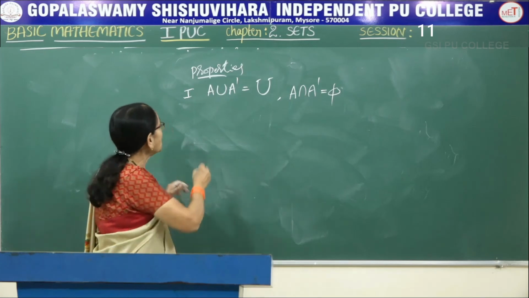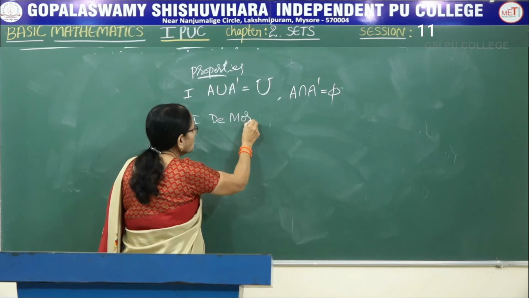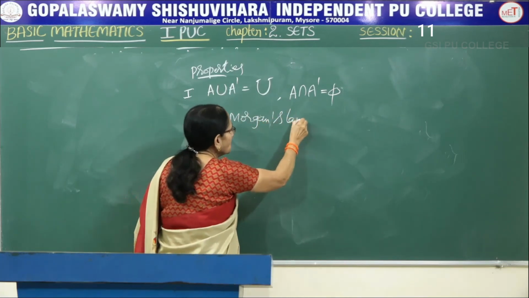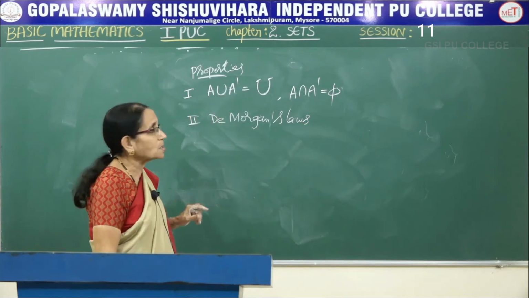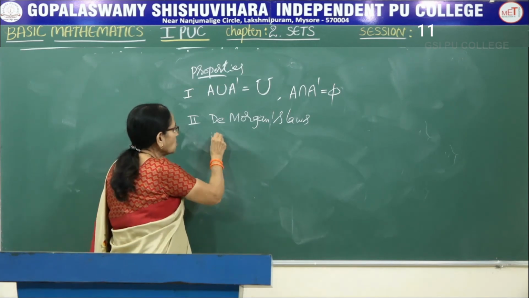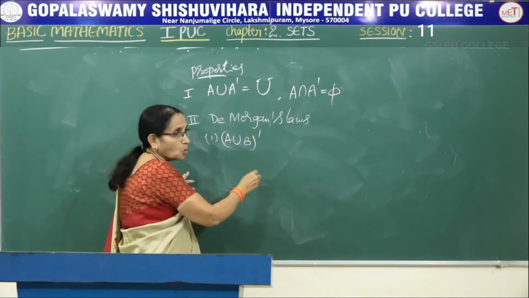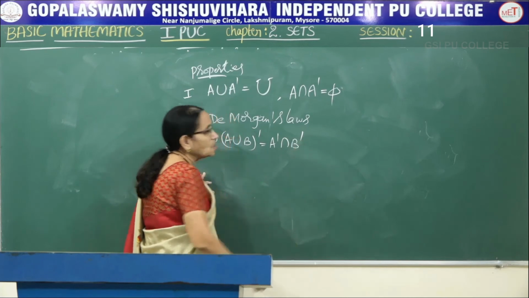Next one is De Morgan's law. This is important because sometimes in the examination they ask you to prove the results. So in De Morgan's law, two operations are combined. There are two results here. One is (A union B) whole dash equals A dash intersection B dash.